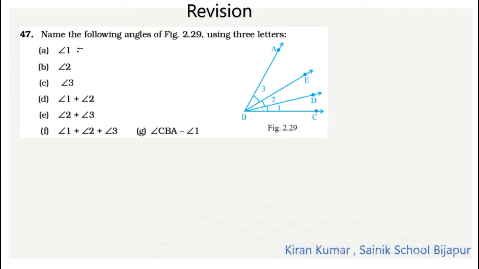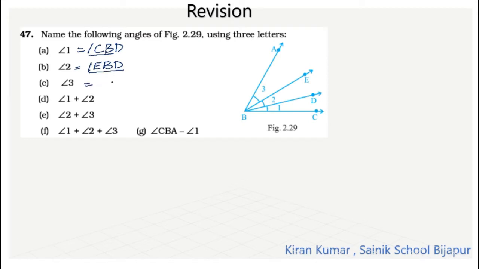Angle 1 is the same as angle CBD or else DBC. So I can write this as angle CBD. Angle 2 is the same as angle EBD or DBE. EBD.